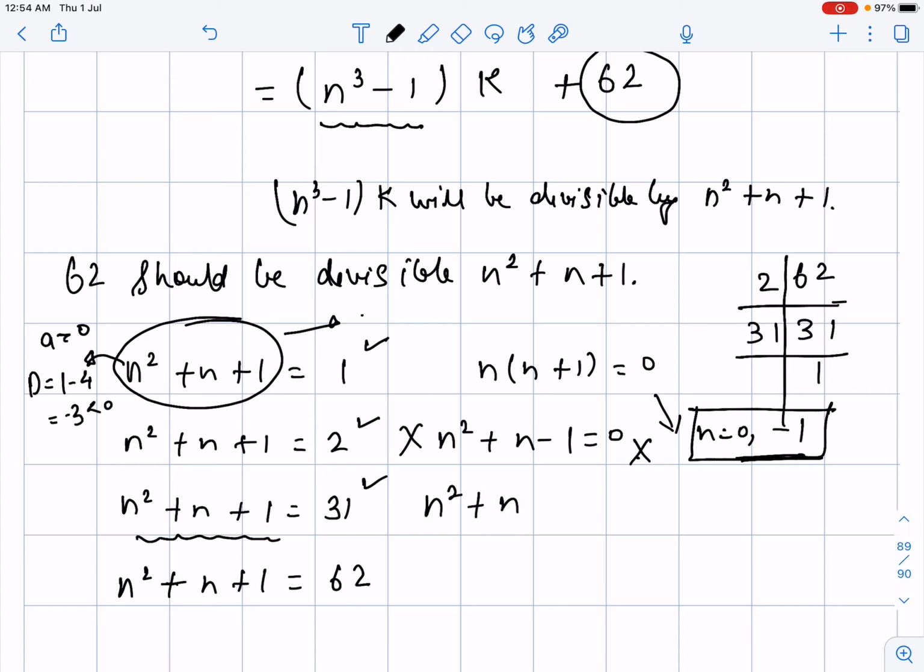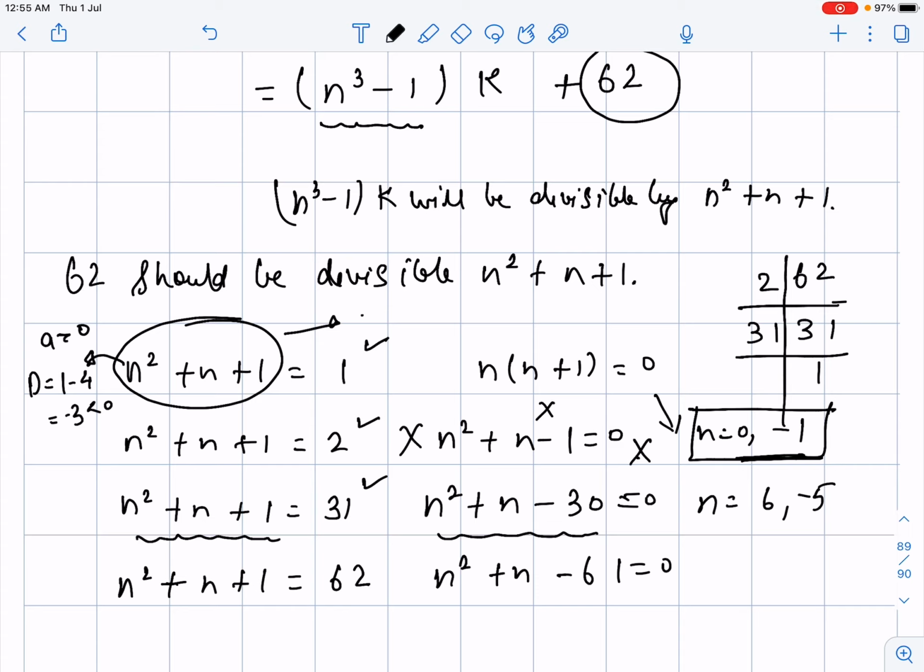Now here we'll get n square plus n minus 30 is equal to 0, and that will generate the value of n as 6, minus 5. You may see it, okay, 6 and minus 5 will come. And when I equate it with 62, I'll get n square plus n minus 61 is equal to 0. So guys, you'll not get any integer. No integer satisfies here also.